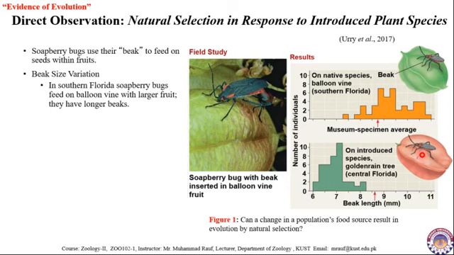Whereas in central Florida, the balloon vine has gone rare, so the farmers introduced another plant species from another country, the golden rain tree. This introduced species has a fruit with a thin pulp.